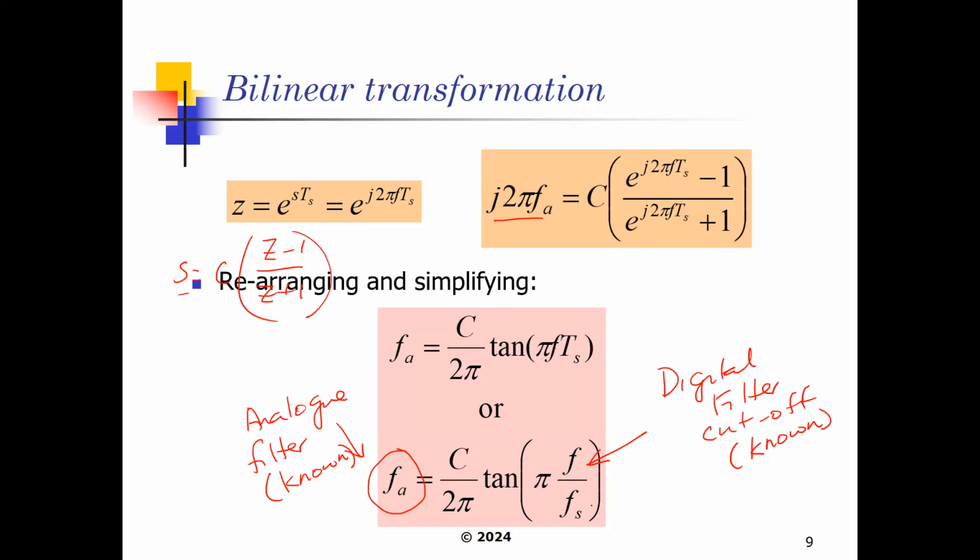And we know Fs, known, because we choose it. So we know three of the things here. So we are now in a position to calculate c.